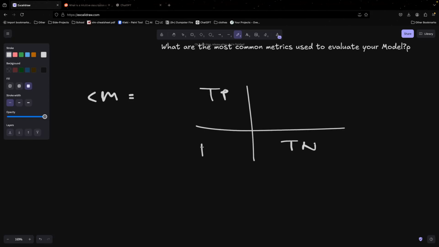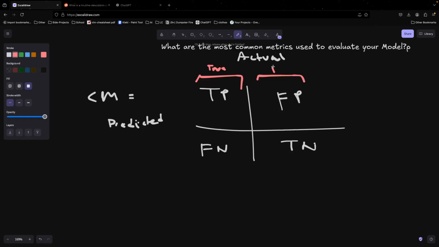True positive, true negative, false negative, false positive, and then this would be actual, and this would be predicted, and then this would be true, and then this would be false.